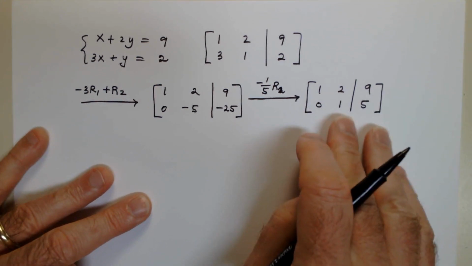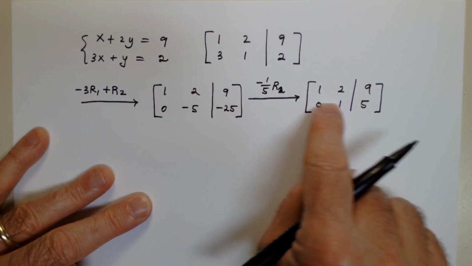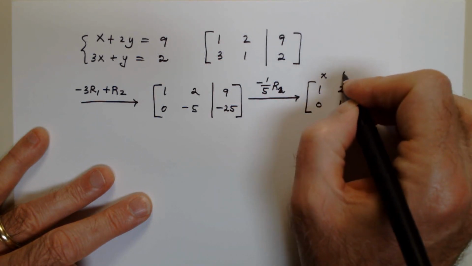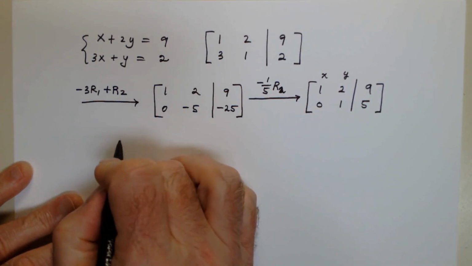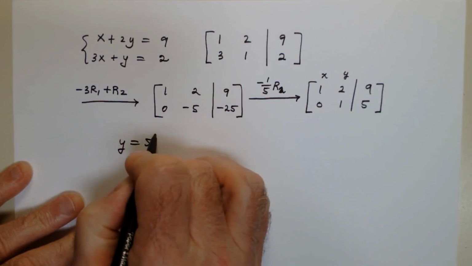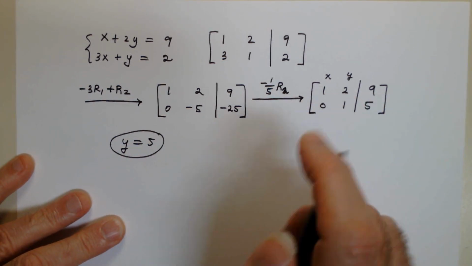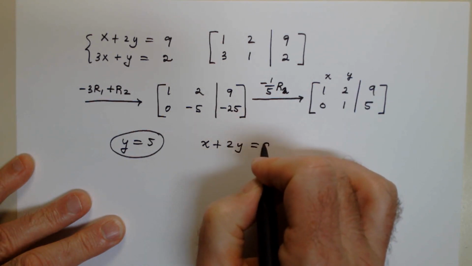Now at this point, we can decode this. We know that this row corresponds to an equation, right? If we remember, this is the x column and this is the y column. This second equation says y equals 5. And so we know that y is equal to 5. And then when we go back into this first row, that reads x plus 2y equals 9.